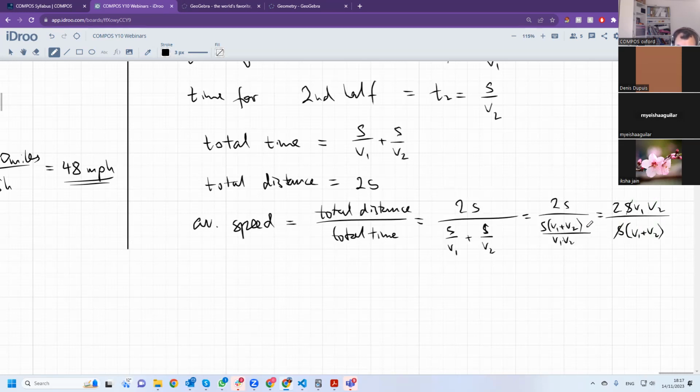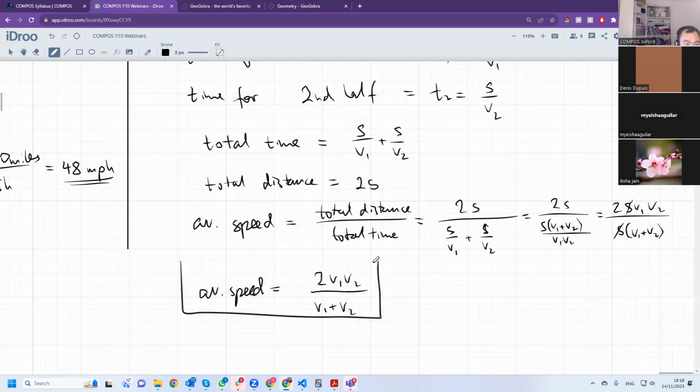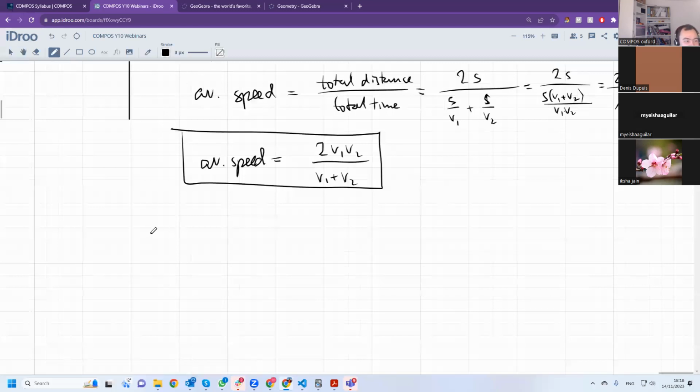Bam, bam. And so the formula for the average speed is 2 V1 V2 divided by V1 plus V2. Okay, interesting.